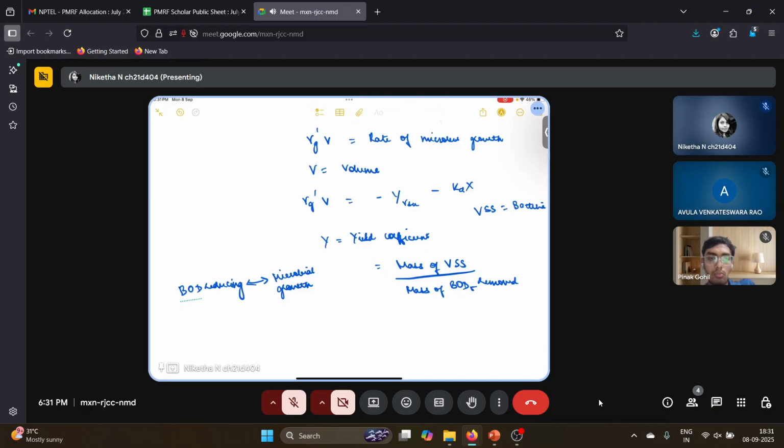When BOD is consumed by the bacteria, BOD will reduce and there will be an increase in the mass of bacteria and microbes, and these microbes are also represented by volatile suspended solids. Since they are volatile in nature, we denote them as VSS. Now the yield coefficient tells us how much microbial growth there is per mass of BOD removed. So that is the yield of bacteria, the growth of the bacteria: how much BOD is consumed to yield how much bacteria. That is what this ratio tells us.